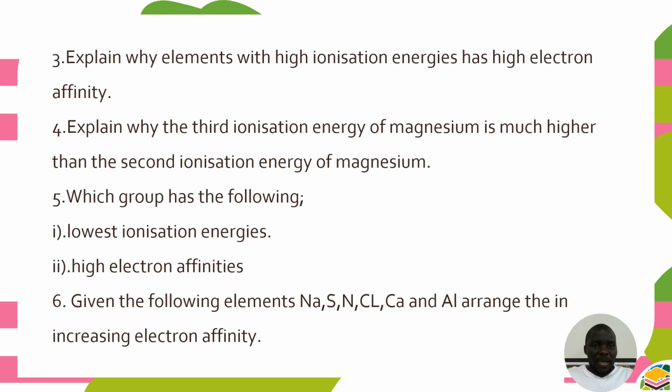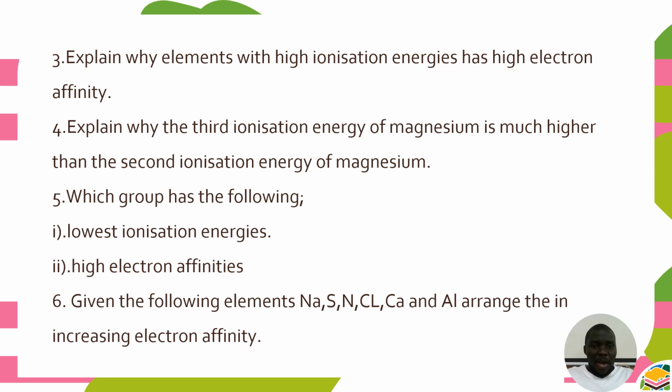Question number 3. Explain why elements with higher ionization energies have higher electron affinity. Explain why the third ionization energy of magnesium is much higher than the second ionization energy of magnesium.